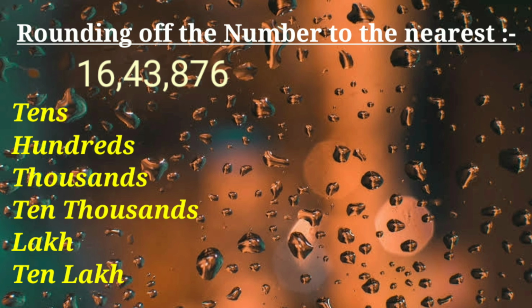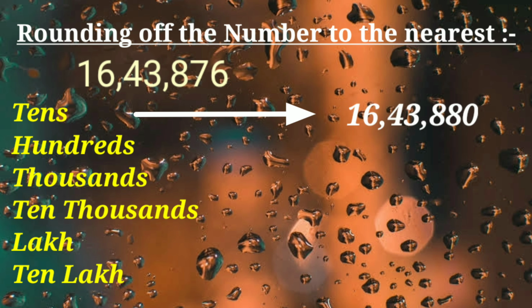Let us start with the tens place. Here the digit to the right of 7 is 6, which is greater than 5. So we add 1 to 7. Change all the digits to the right of the tens place to 0. So the rounded up number is 16,43,880.